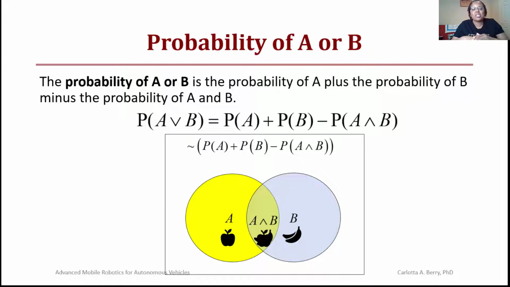This is why you have to subtract off the probability of A and B. So we would say that the probability of an apple or the probability of a banana is the sum of those two minus the probability of an apple and banana, as shown here. And then anything outside of that Venn diagram would be the example of not the probability of A or B.